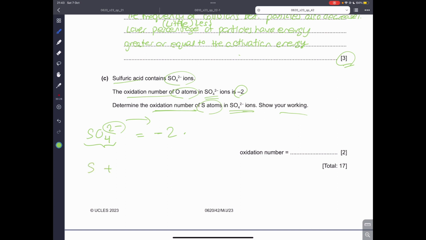We are given oxygen is -2, and there are 4 oxygen atoms, right? So we are going to multiply it by 4. This is equal to -2. So we write the equation like this: S plus -8 is equal to -2. So if we move the 8 to the other side, S is equal to -2 plus 8. Now this is going to give us 6. So the oxidation number of sulfur is 6.